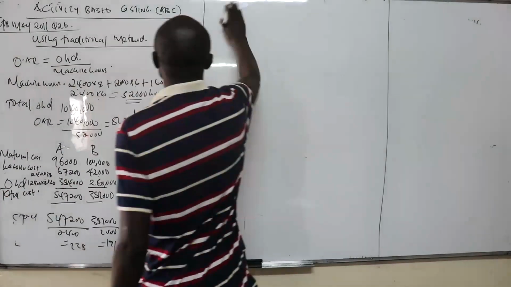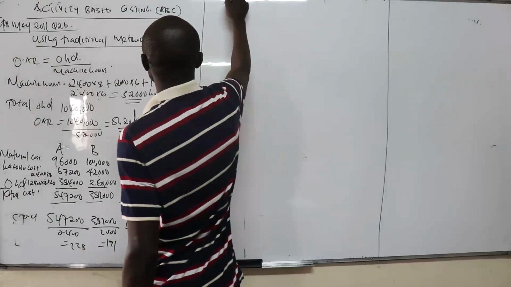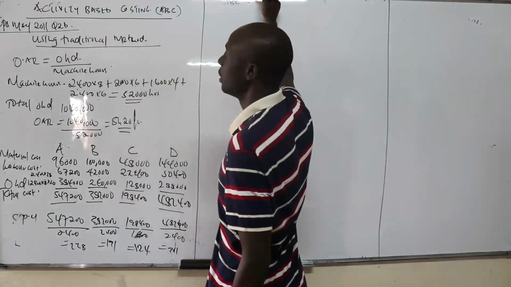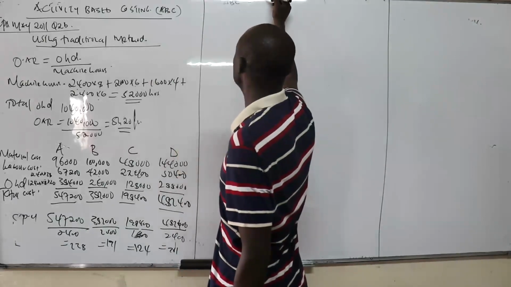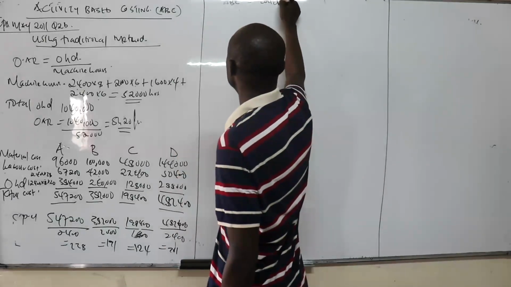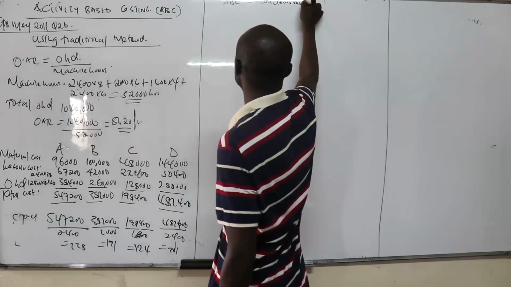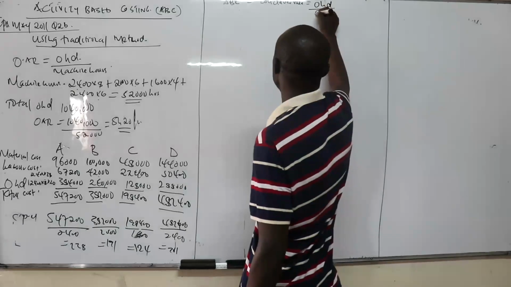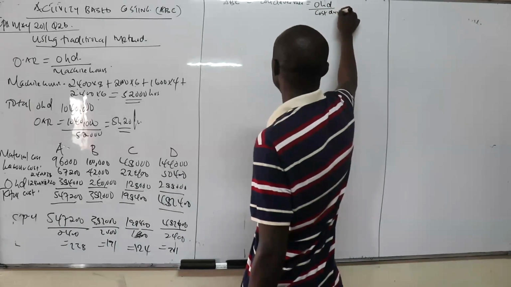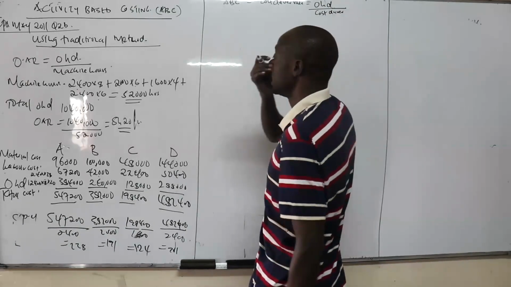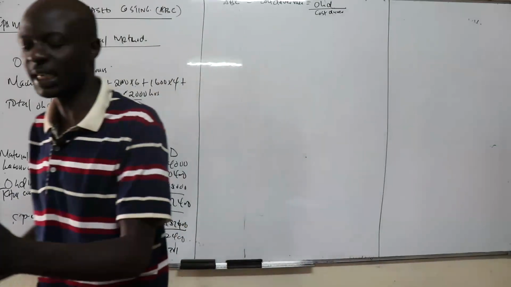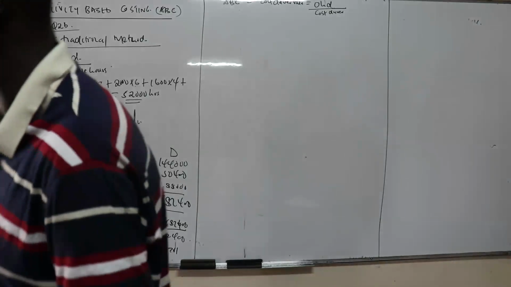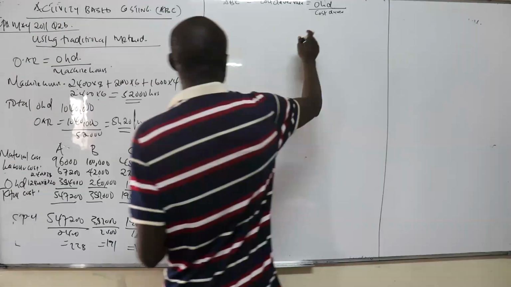For ABC, you need to have what we call the cost driver rate, which equals overheads over cost driver. Each and every activity will have overhead attached to it.